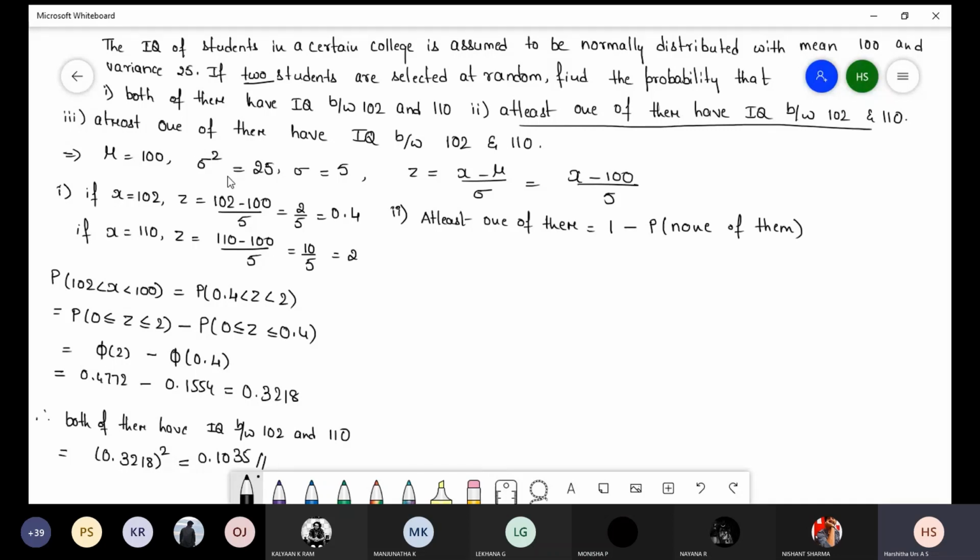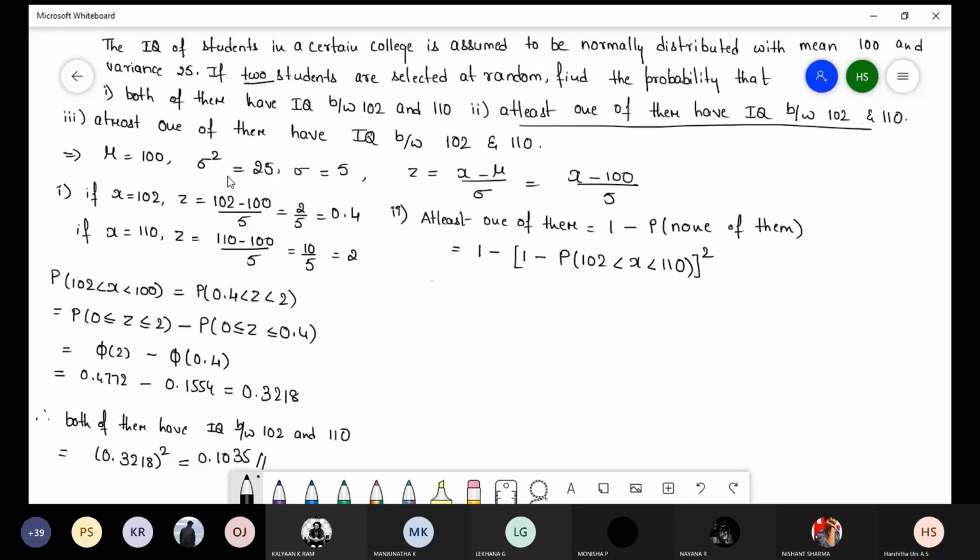That is equal to 1 minus, for P of none of them, we have to write 1 minus P of 102 less than x less than 110 for 2 students, so I will write whole square.